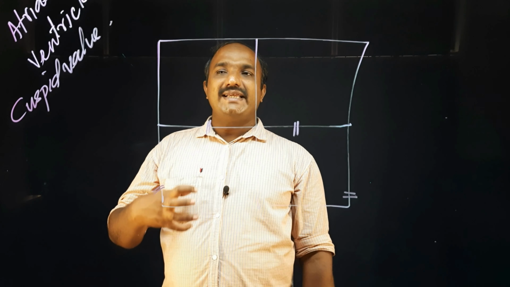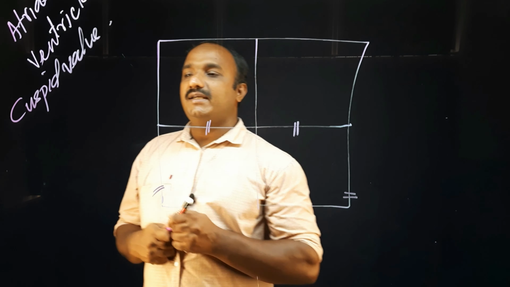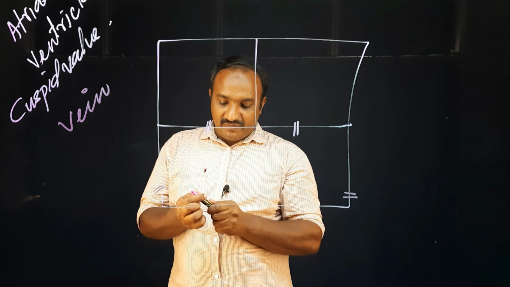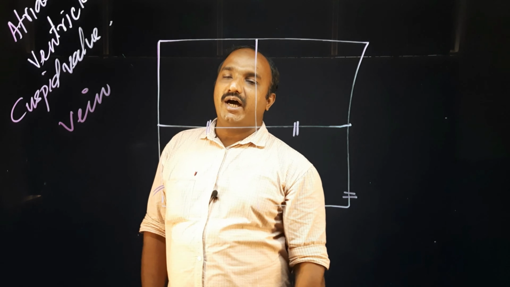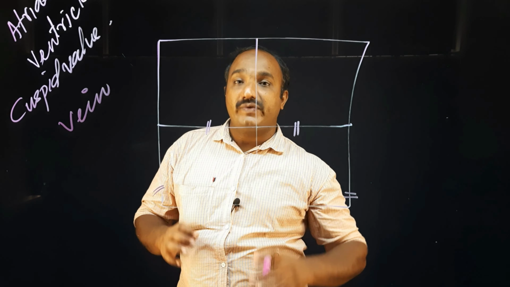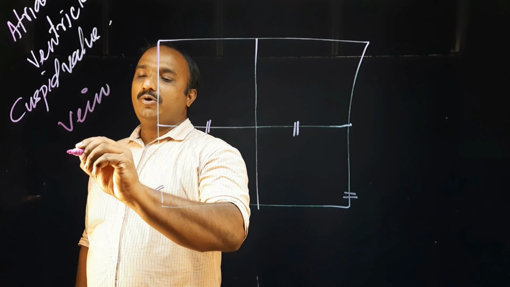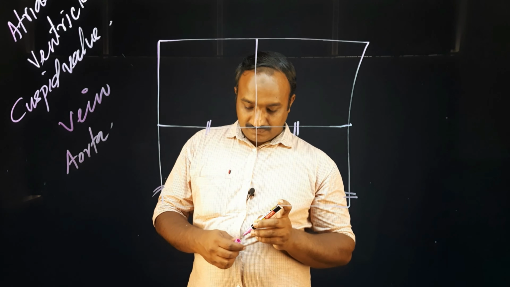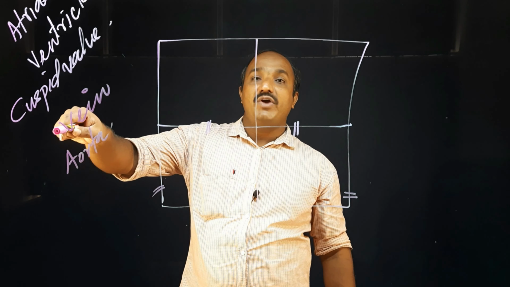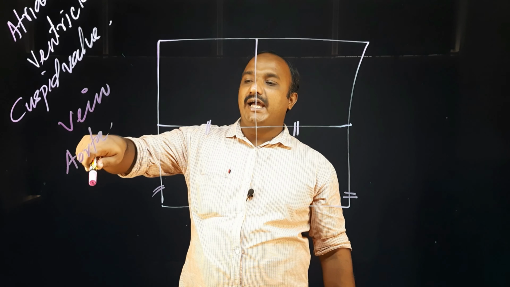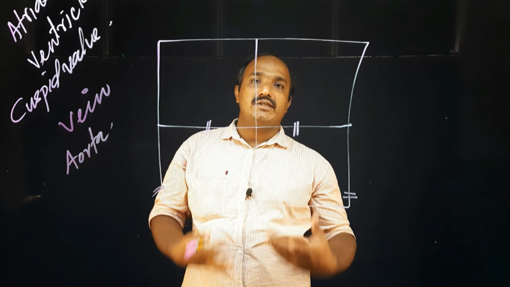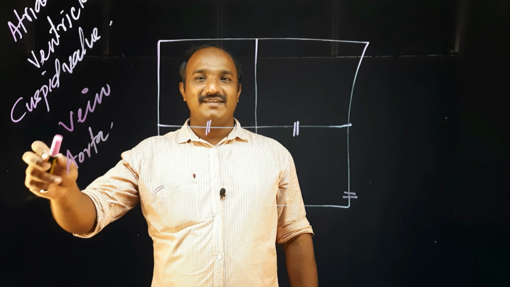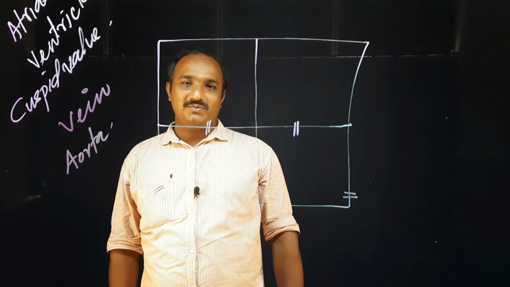Blood vessels that carry blood to the heart are called veins. And the blood vessel which carries blood from the heart is called the aorta. So the vein carries blood to the heart and the aorta carries blood from the heart to other parts of the body. Okay? The base is there. Related points are coming now.